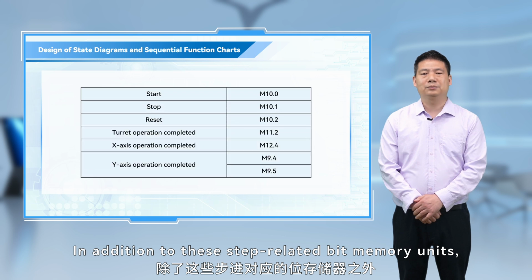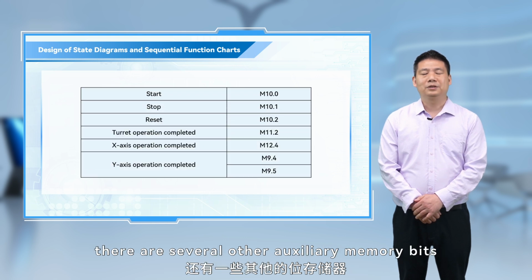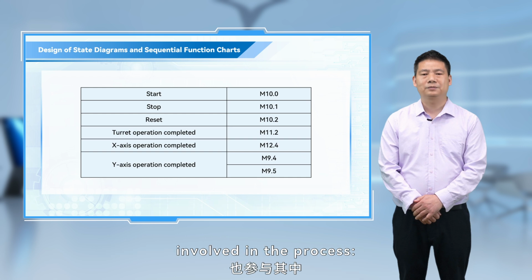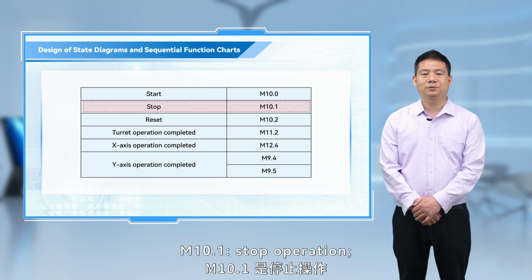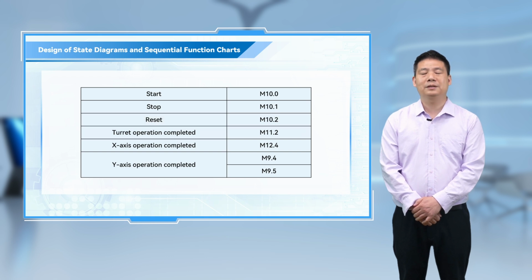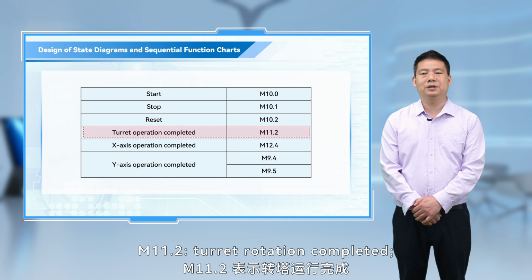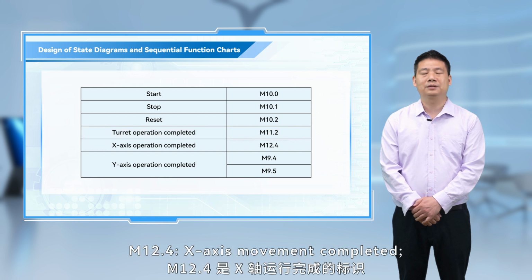In addition to these step-related bit memory units, there are several other auxiliary memory bits involved in the process. M10.0, start operation. M10.1, stop operation. M10.2, reset operation. M11.2, turret rotation completed.